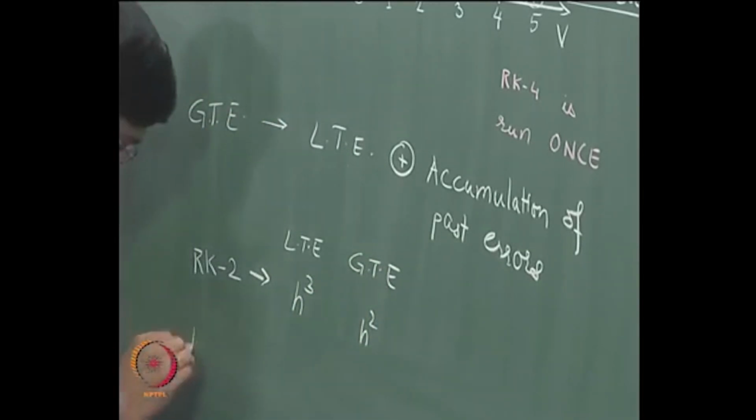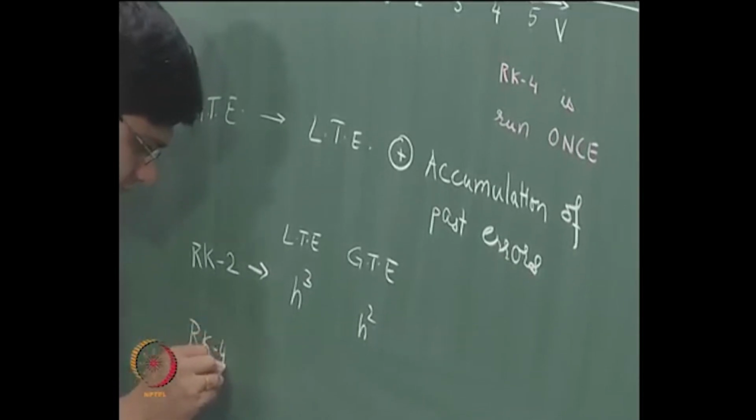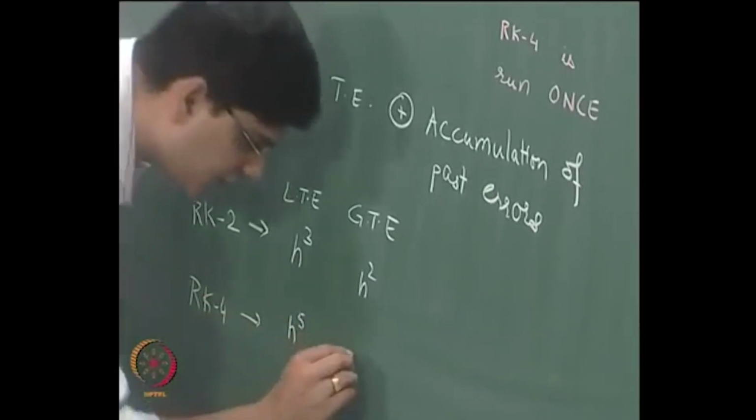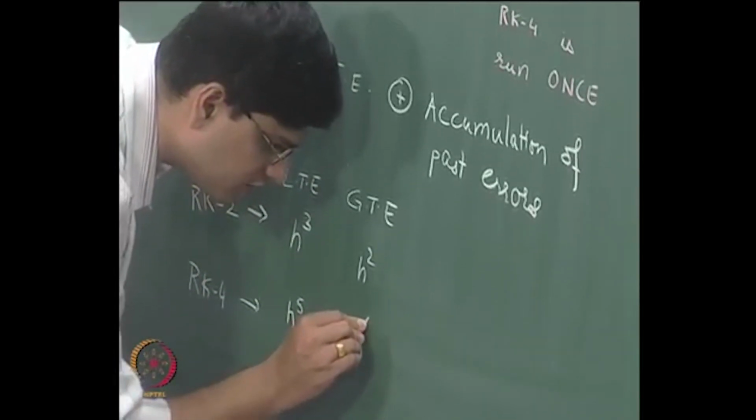Okay. For the RK4 method, the local truncation error was h to the power 5, and the global truncation error would be of h to the power 4.